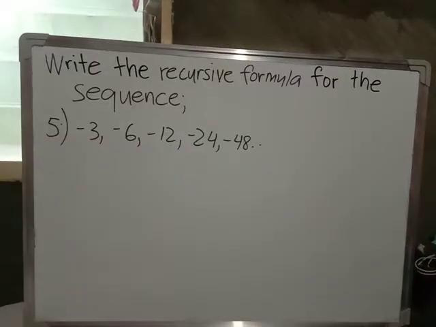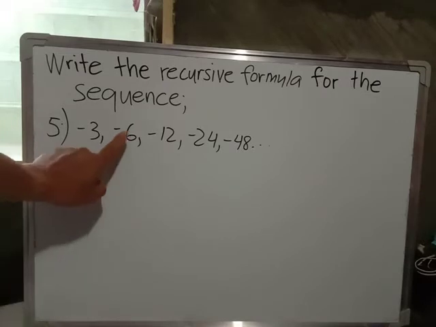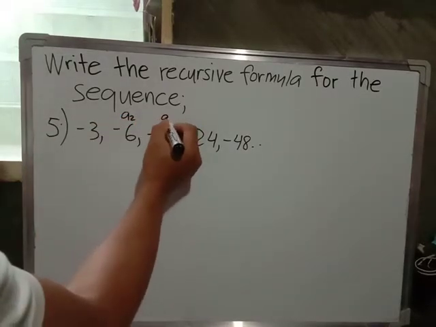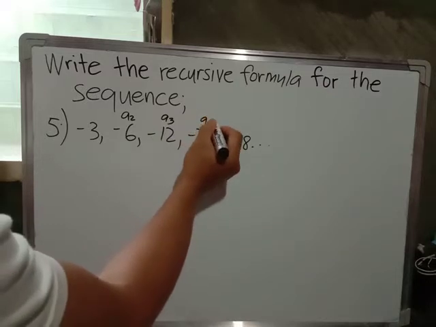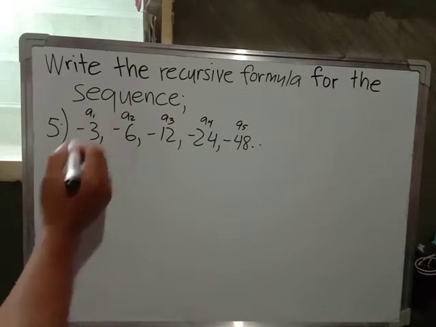Okay, example number 5. Negative 3, negative 6, negative 12, negative 24, and negative 48. So, sa isang tingin pa lang, alam mo na na ang common multiplier is positive kasi parang magka-negative ka lang. So, E1, E2, E3, E4, E5. Actually, walang pinagkaiba ito sa example number 4.